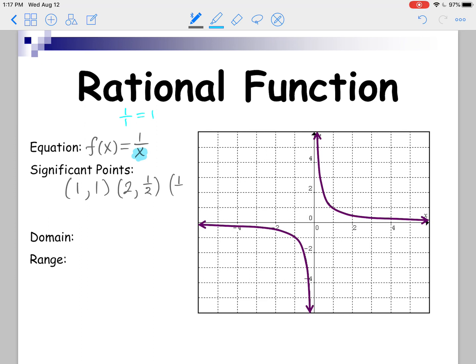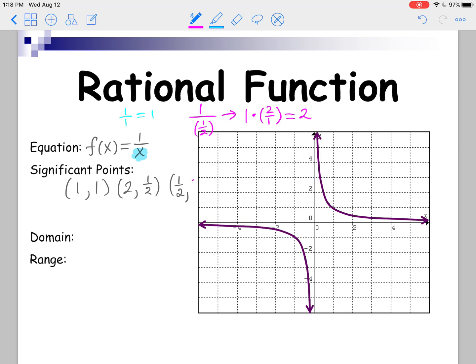If I were to plug in 1/2 to this function, I would be getting, let me switch colors, 1 over 1/2. And so the way you divide by a fraction is you multiply by its reciprocal. You flip it and multiply. And so 1 times 2 over 1 is just 2.